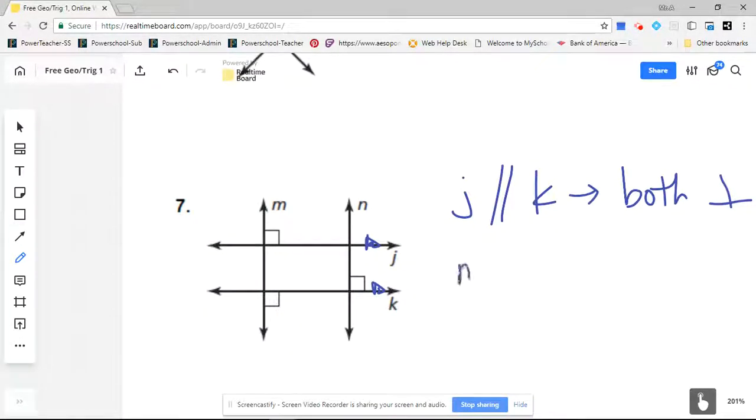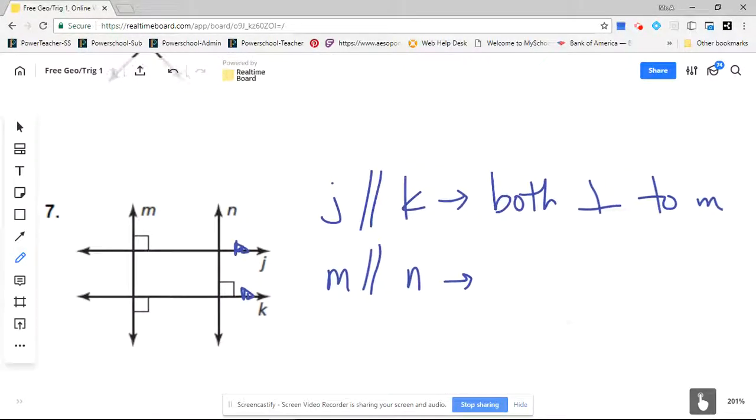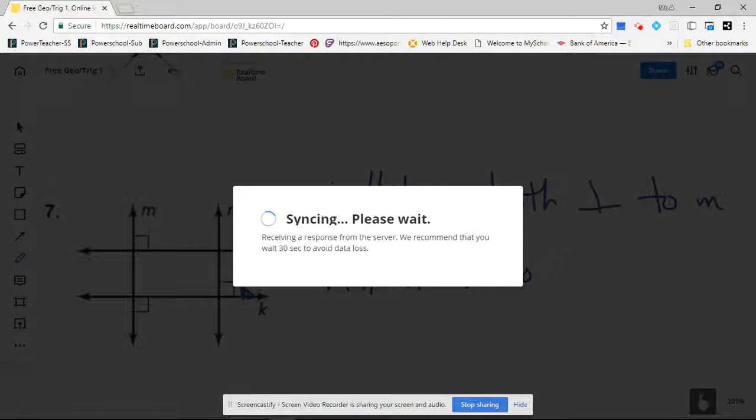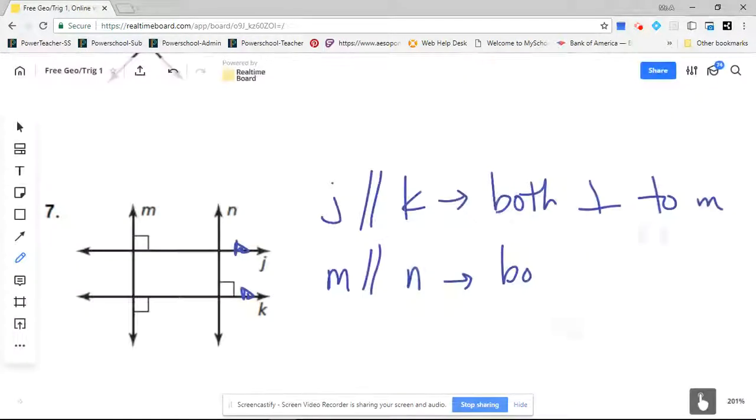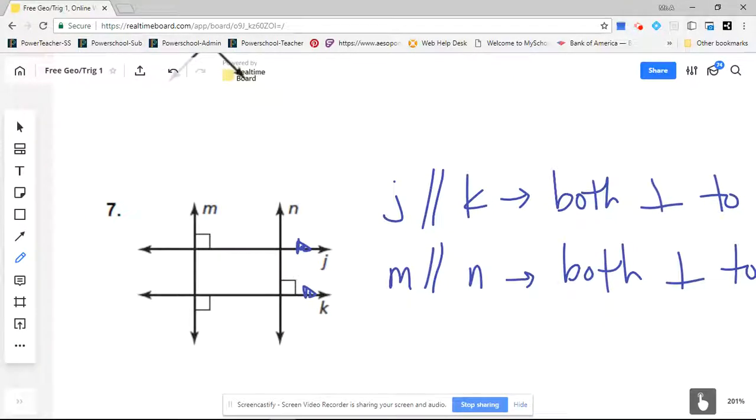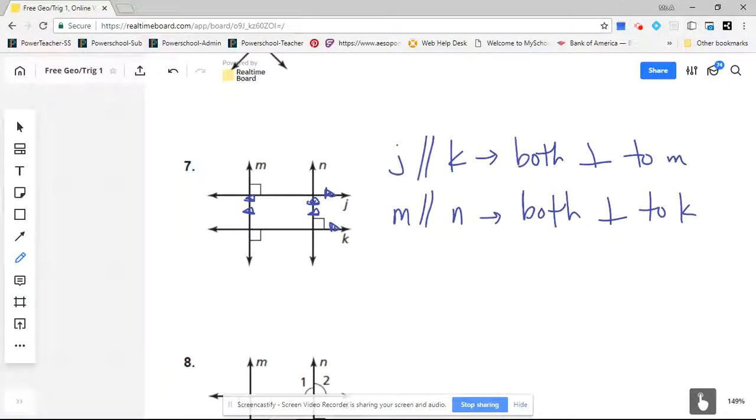You could also say that M is parallel to N. Okay, they're both perpendicular to K. So you could put the double arrows on M and N. 2 arrows to 2 arrows. Those would have to also be parallel.